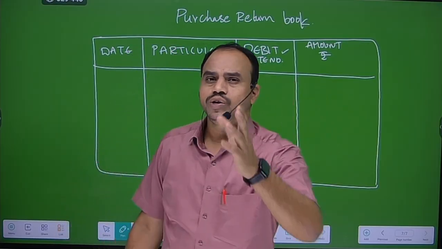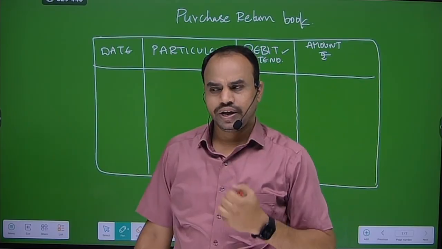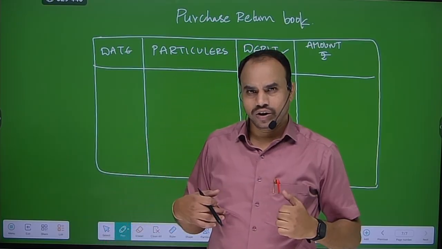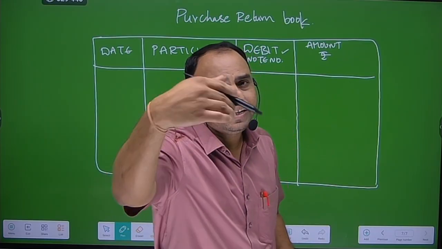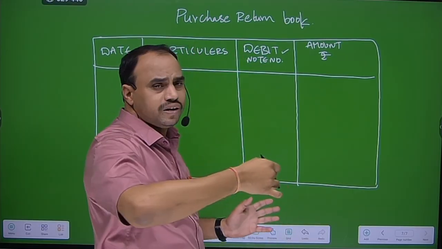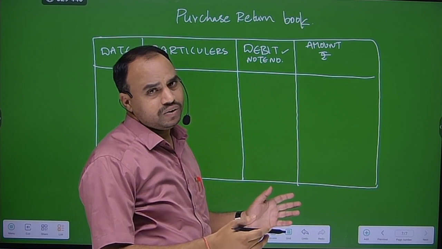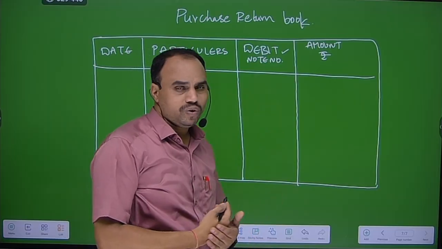For example, you are the supplier, I am the purchaser, and I purchase goods from you. After purchasing, I got some damaged goods, so I return those damaged goods to you. While returning them, I will debit your name, the supplier's name. That means I will write on the left side, the debit side. That is called the debit note number.